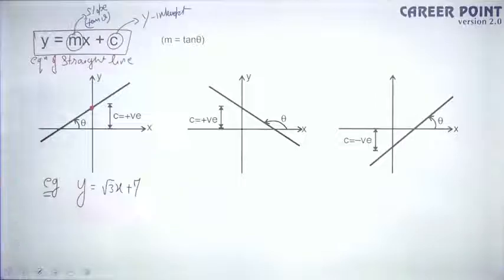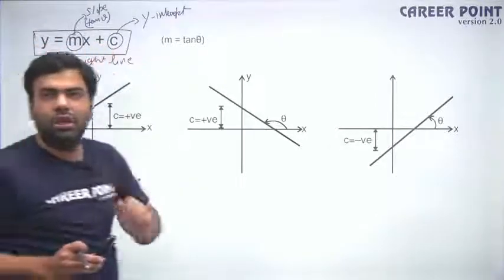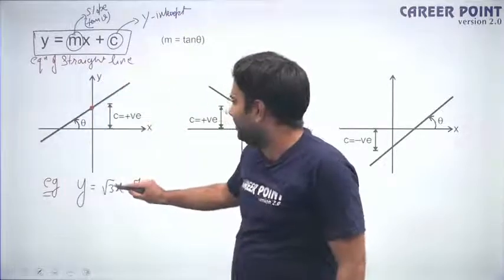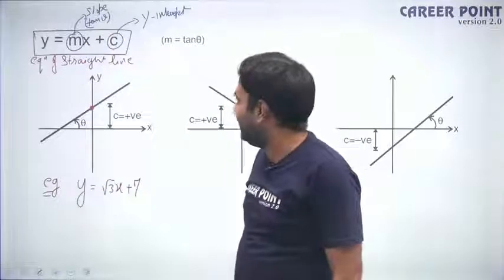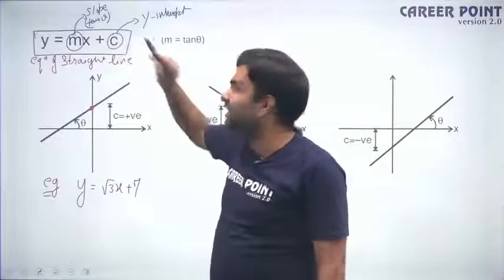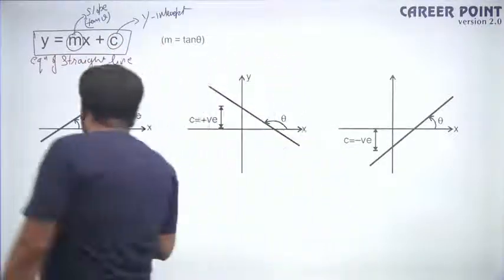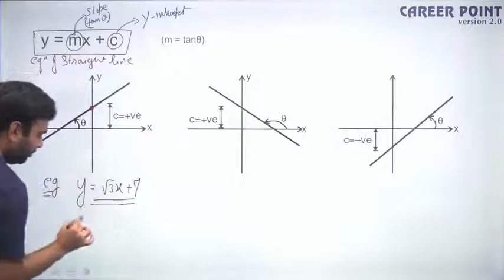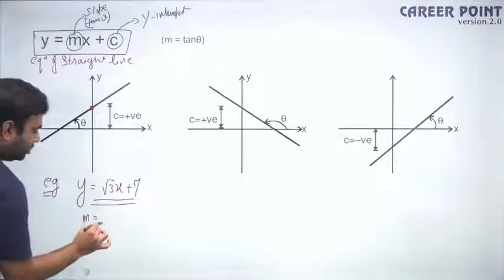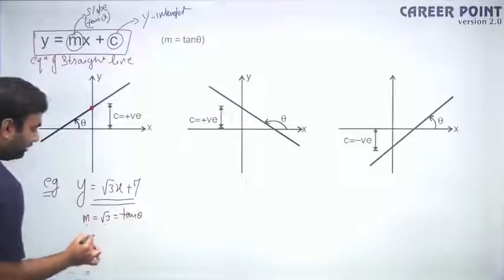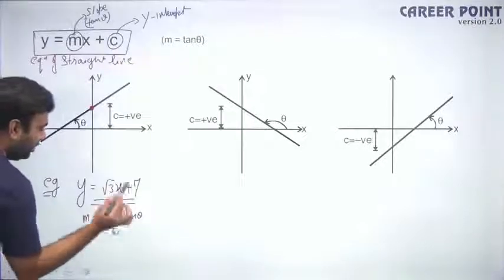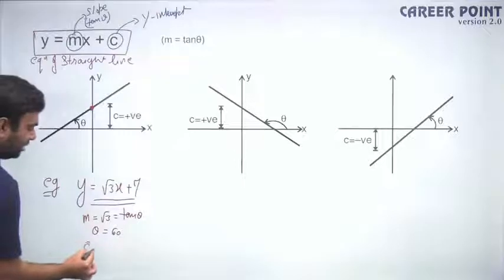So what we are going to do, just compare this equation with this general equation. If you compare, you will get this under root 3 is equal to the slope m, and this y-intercept c is equal to 7. So for this equation, m is equal to under root 3, which is equal to tan theta. So from here we will get theta is equal to 60 degree and c is equal to 7.